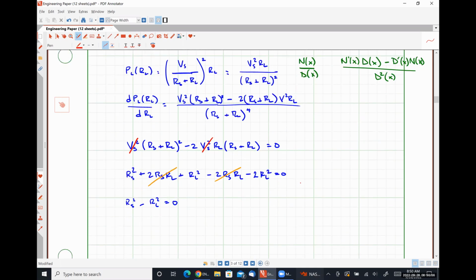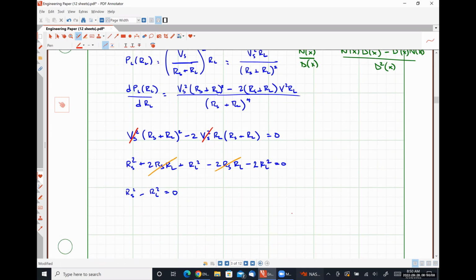So we have applied a little bit of calculus to figure out that the only way that this criterion is satisfied, the maximum value for our power will occur when RL is equal to Rs, okay?